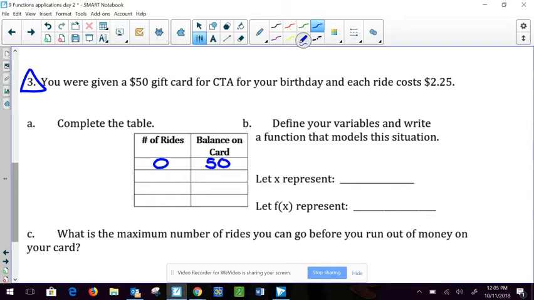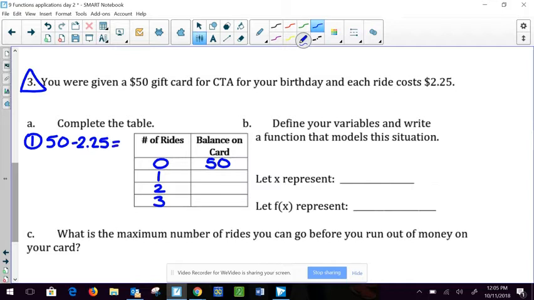From there, we can go ahead and figure out the table for the next set of numbers. So you have 0 rides, 1 ride, 2 rides, and 3 rides. Without even making an equation, we can actually calculate that out. So to figure out the amount left on your card if you want to run one ride, you have that 50 minus 2.25.